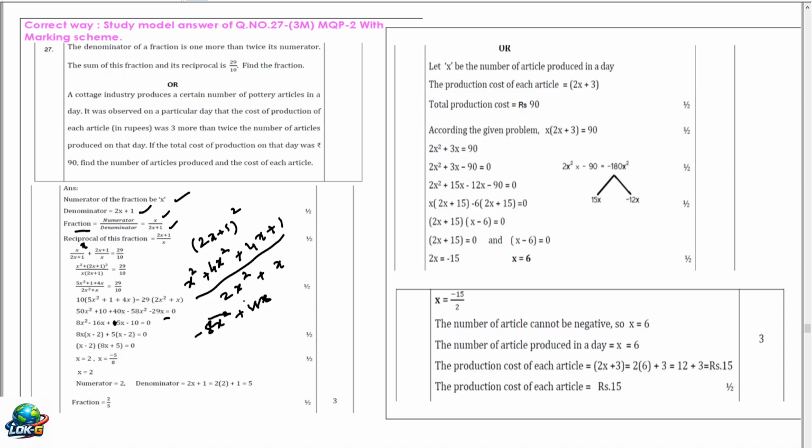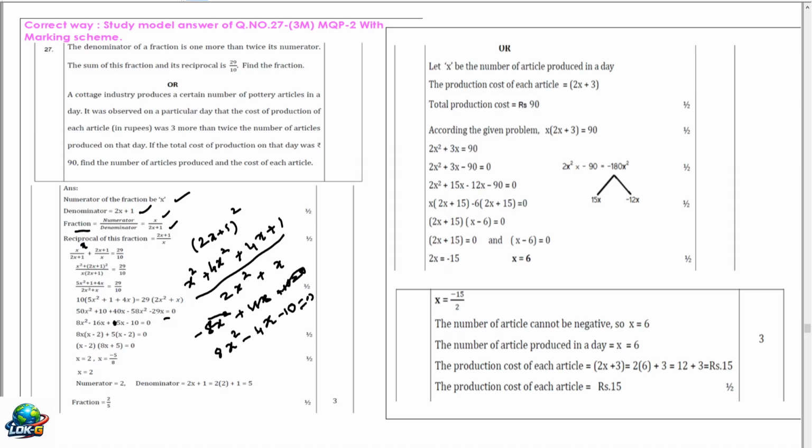And you have plus 10 there. Plus 10 is equal to 0. Multiply both sides by minus sign, you get what? 8x square minus 11x minus 10 is equal to 0.